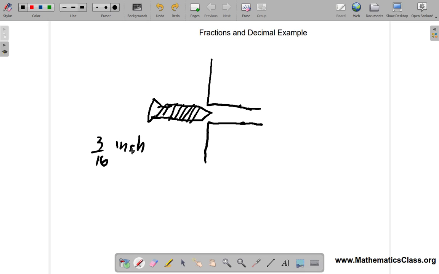So in this case, the size of the concrete screw is 3/16, and you have various drill bits that you're going to use.